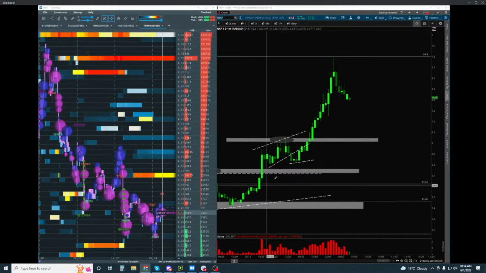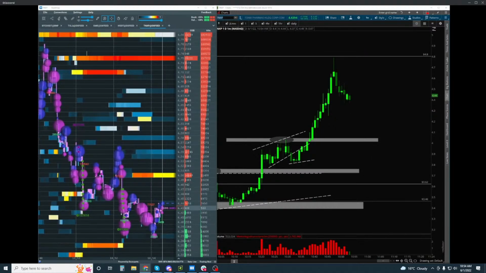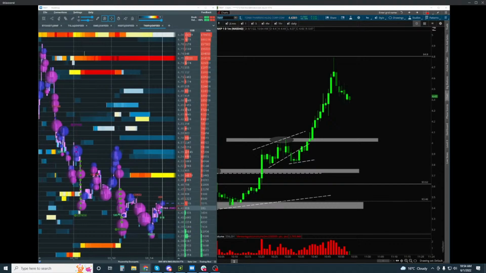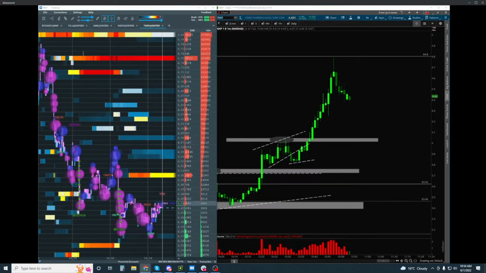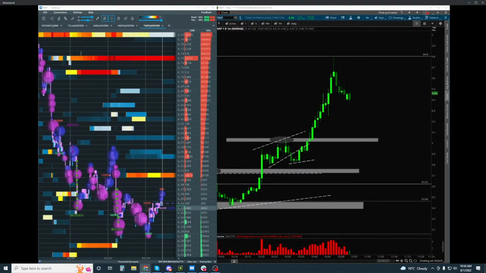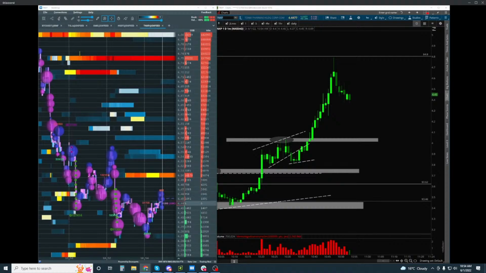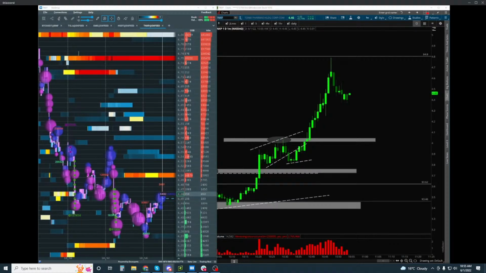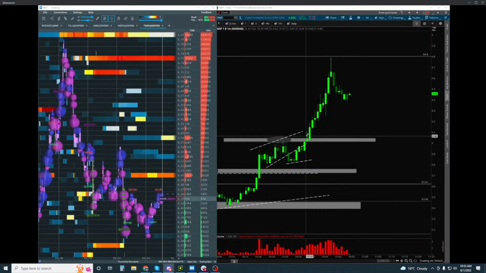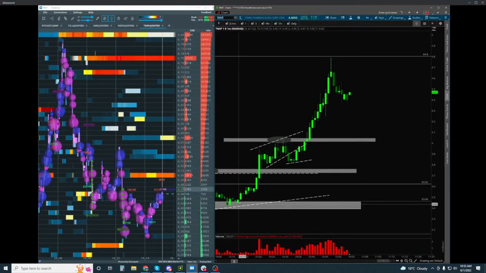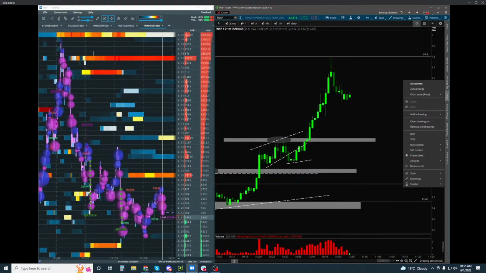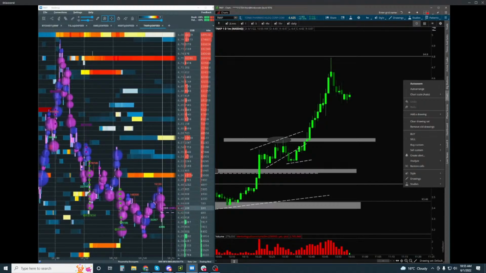Micro support at 436. If we break this 436, we're going to have another wash on TNXP. Traders, be ready.